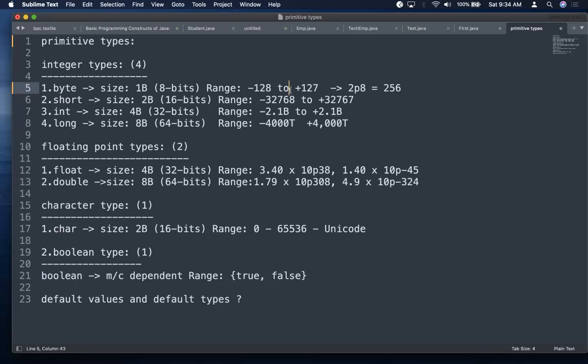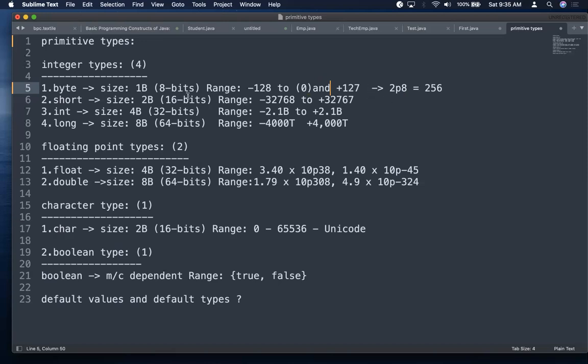Because we will include 0 also, and 0 is considered a positive number. So it's like this: minus 128 to 0, and then 1 to 127, total 256. So minus 128 is minus 2 power 7, and plus 127 is 2 power 7 minus 1.